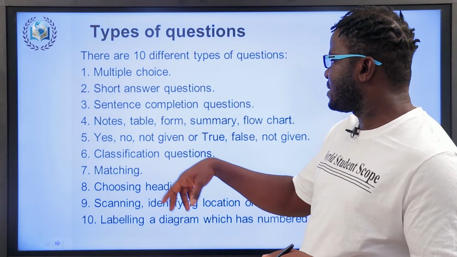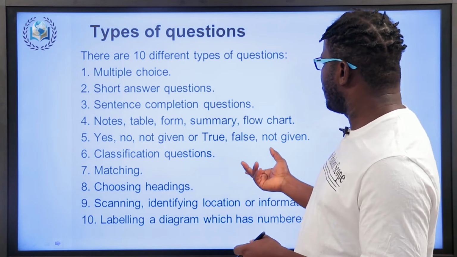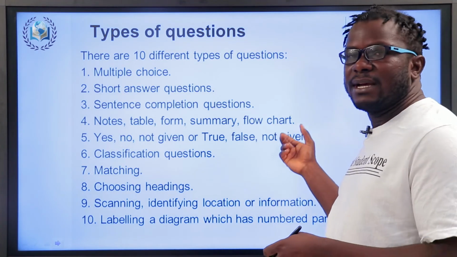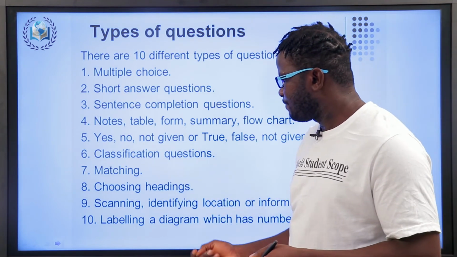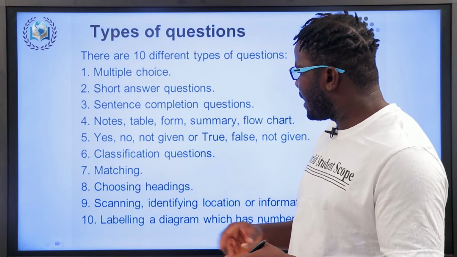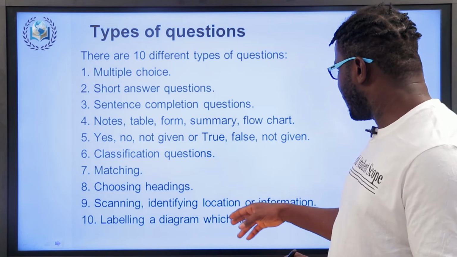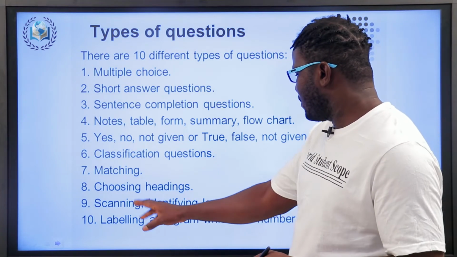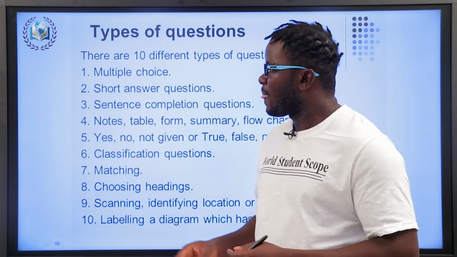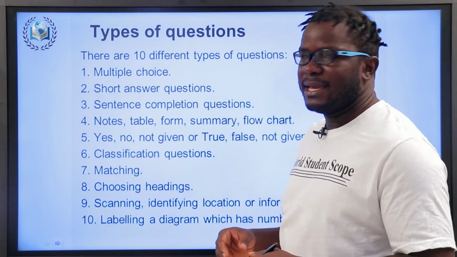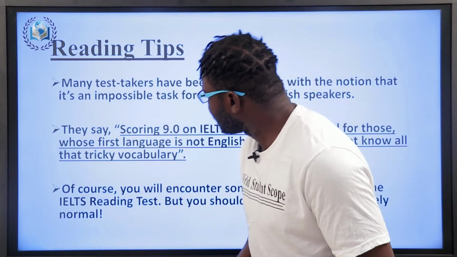You will have yes, no, not given, true, false, not given questions, classification questions, matching, and choosing headings, scanning, identifying location or information, labeling a diagram which has normal parts. So these are the types of questions, and they are very simple. Don't panic because they are so easy to understand and do.